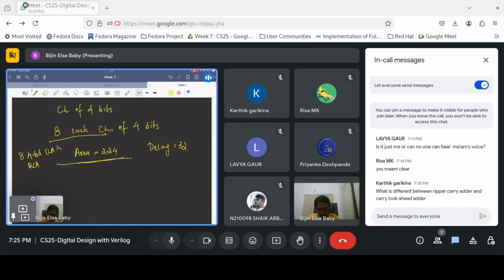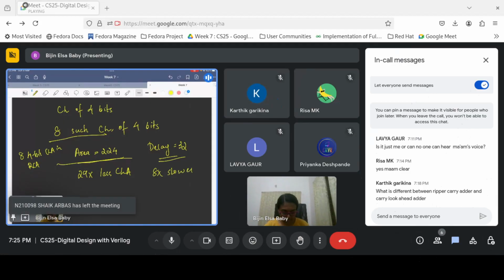Which is 29 times less than carry lookahead. And the delay is 8 times higher, because for carry lookahead adder it was 4, right? So it is 8 times later here. But it is better than the ripple carry adder.